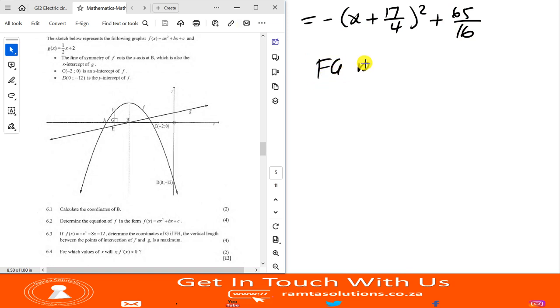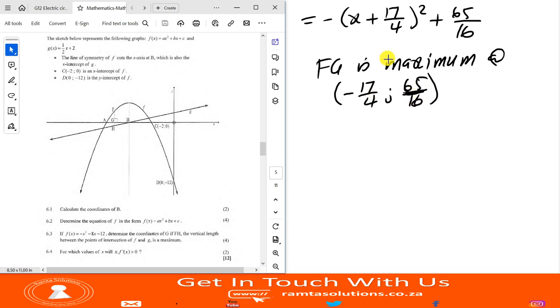FG is maximum at negative 17 over 4 and 65 over 16. Okay, so this is the turning point that makes this FG a maximum.